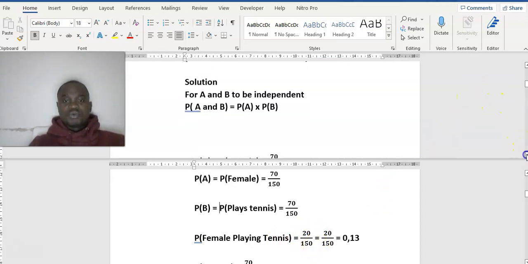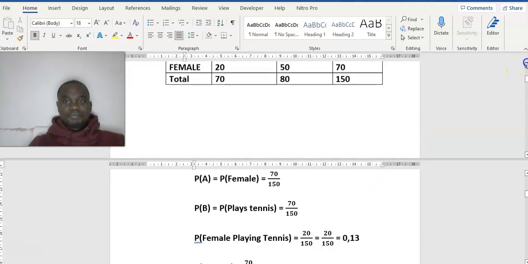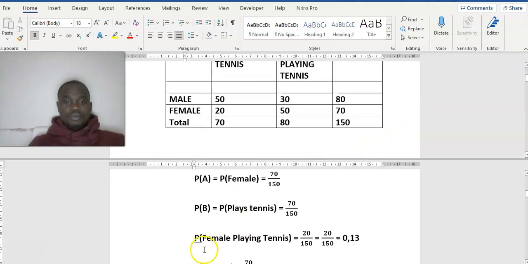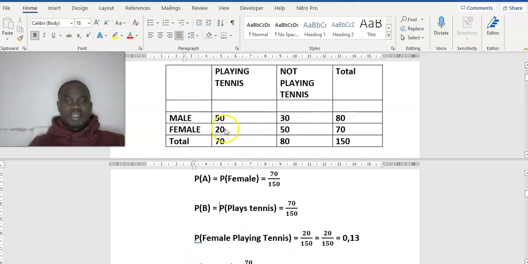Let me show you. Where is our table? This is our table. Those who are female and play tennis is what? 20 over 150. Is that okay?